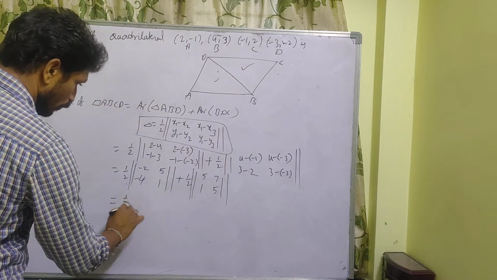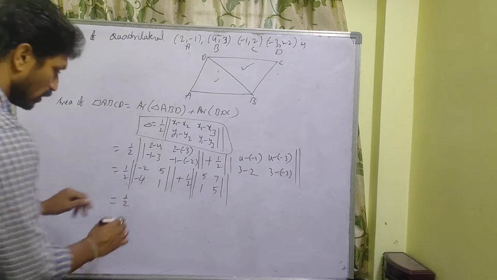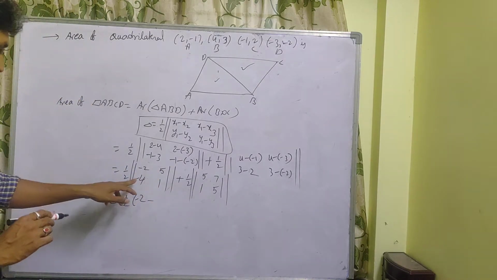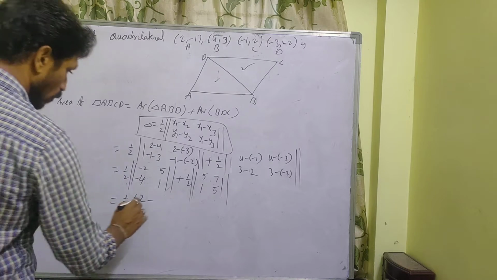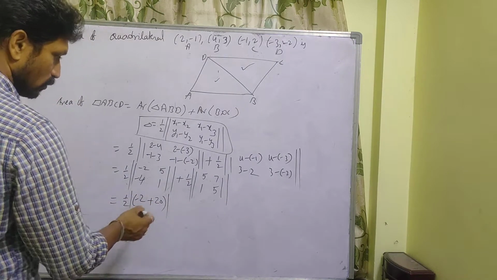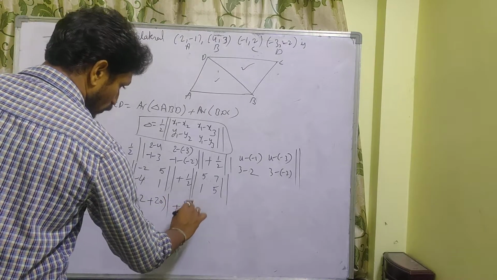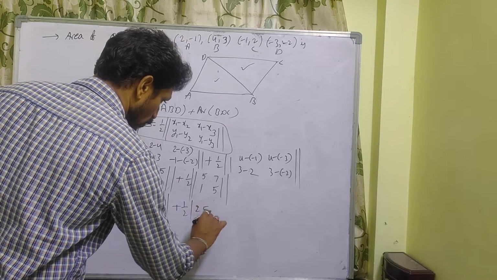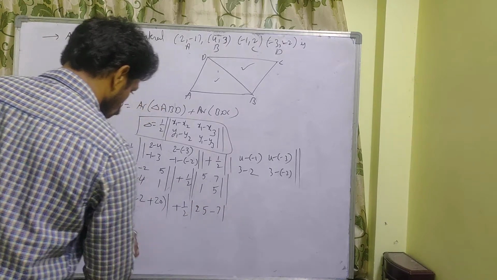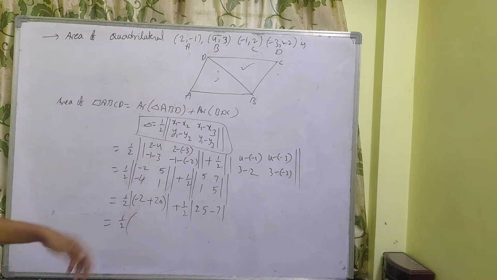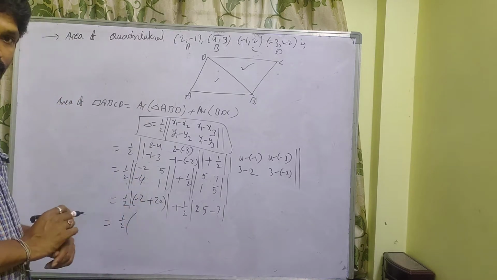So half into minus 2 minus 1, that is minus 2 minus 4 into 5. So 4 5s are 20. So minus into minus plus 20. So keep the modulus, plus modulus of determinant expanded. 5 5s are 25 minus 7. So now this will become 2. This half you can write outside, take common. And minus 2 plus 20, that is 18.